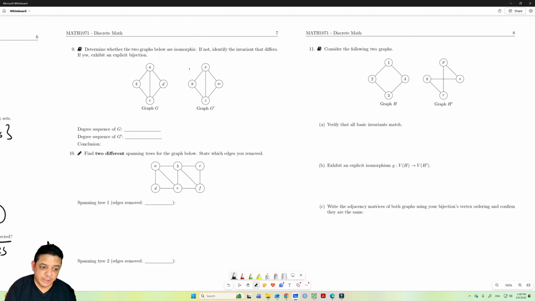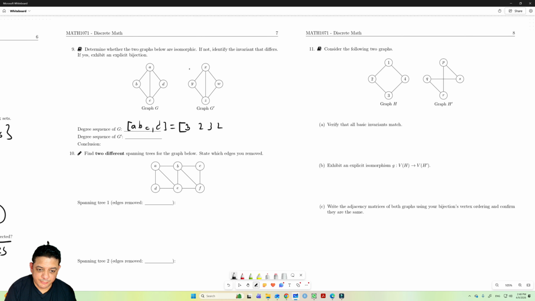So we're going to go with the degrees for A, B, C, and D, and we're going to put it in that order. Notice that the number of edges going out of A are 3, so we have 3. The number of edges out of B is 2. Out of C is 3, and out of D is 2. So we do have that sequence.